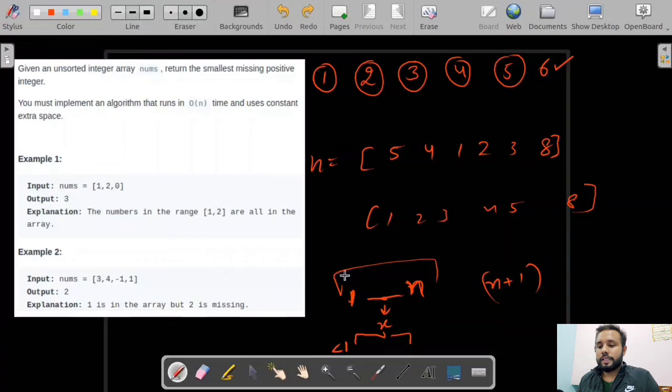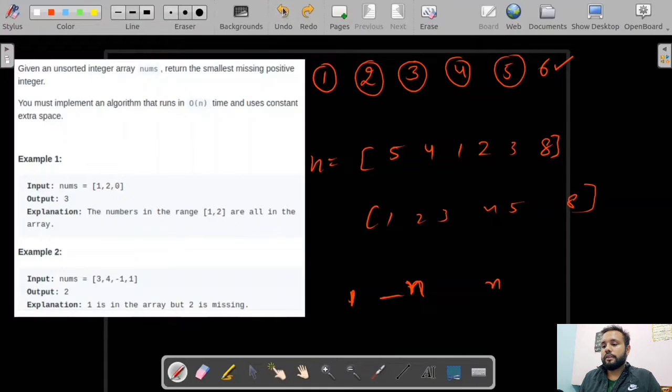Or we can simply say x will be less than 1 or n will be less than x. Any number larger than n or any number less than 1 can take place of this x.